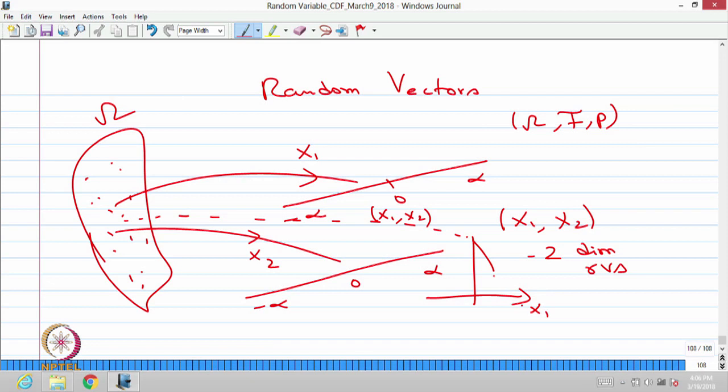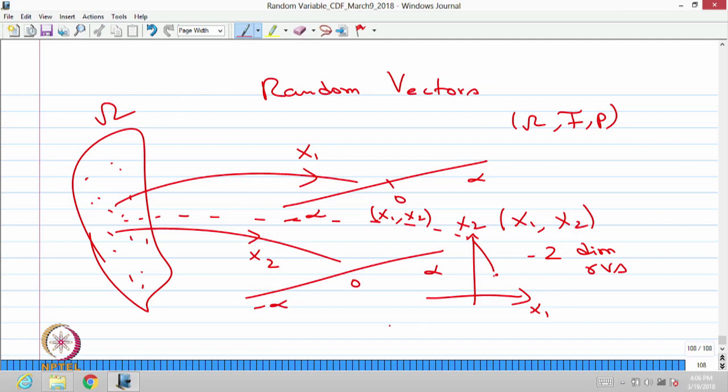This is x1 and this is x2. Earlier x1 was defined from omega to R. Now (x1, x2) is defined from omega to R cross R. Again, x1 is a random variable and x2 is a random variable. Together we call it a random vector of size 2, or a two-dimensional random variable.